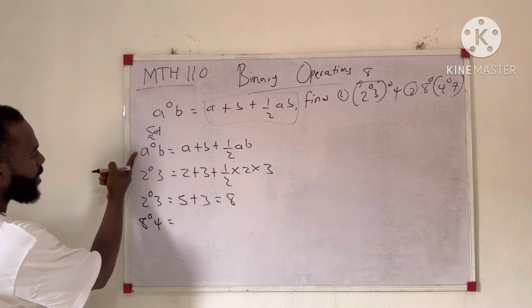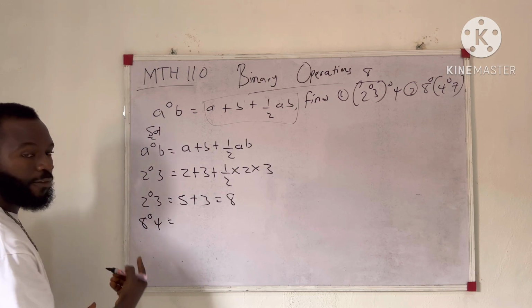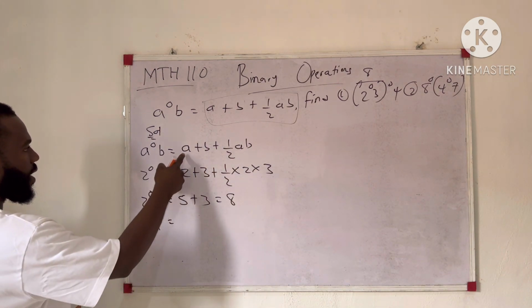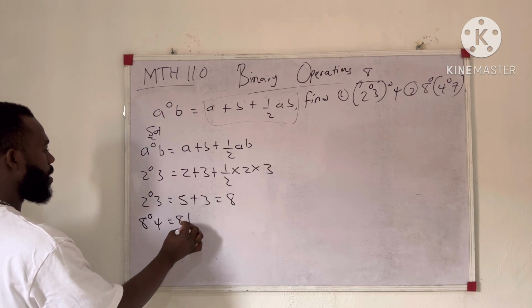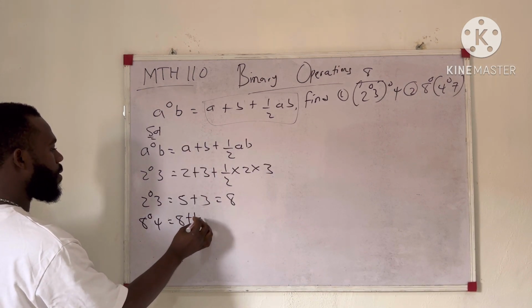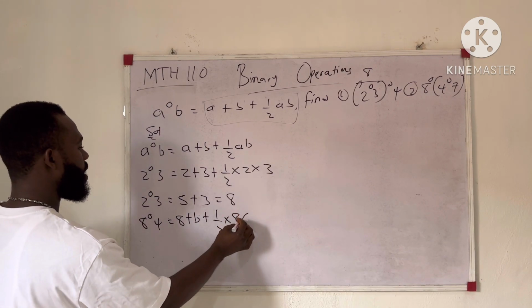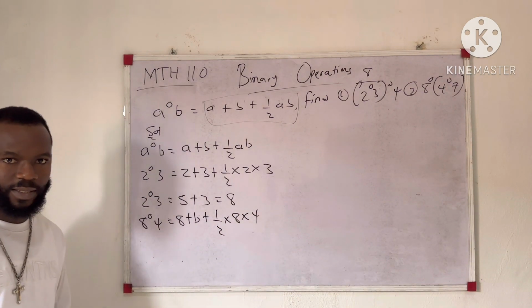Now what does it mean? It means my new A is 8 and my new B is 4. So substituting again into the formula, we have A now becomes 8 plus B now becomes 4 plus half times A, now 8, times 4. It's as simple as that.